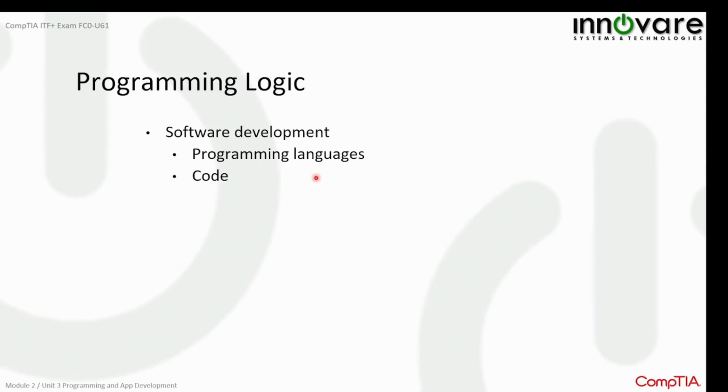So when we say programming, the programming logic is about software development. And when you are developing a software, creating a new application, it could be created in different languages, and there are applications that can be only written for a particular language.